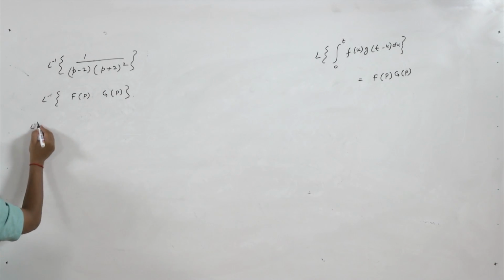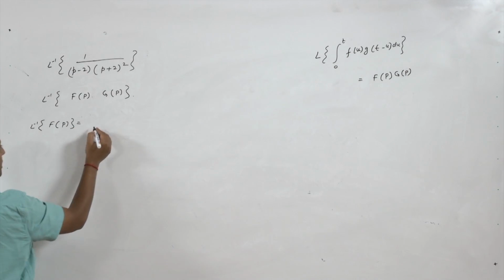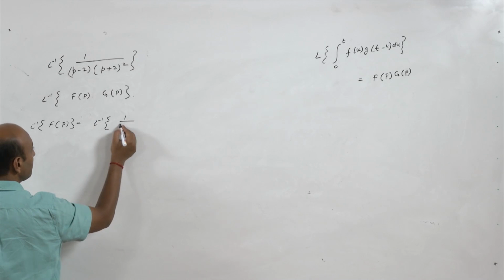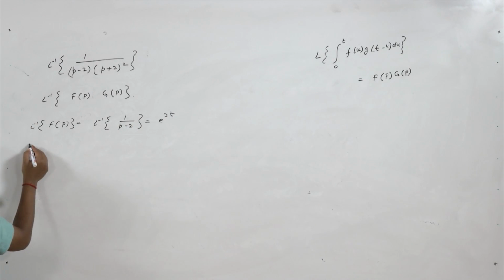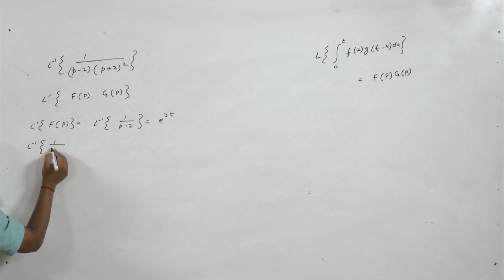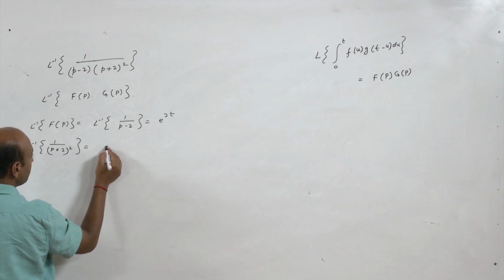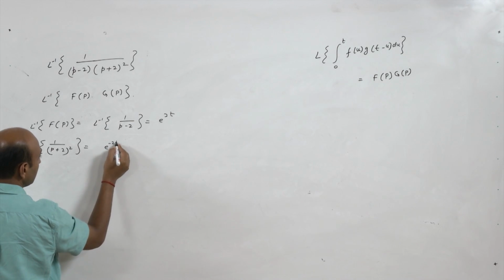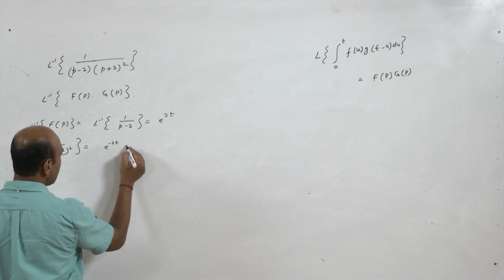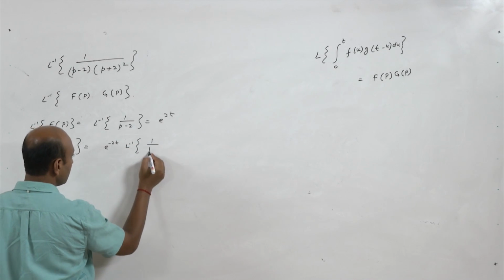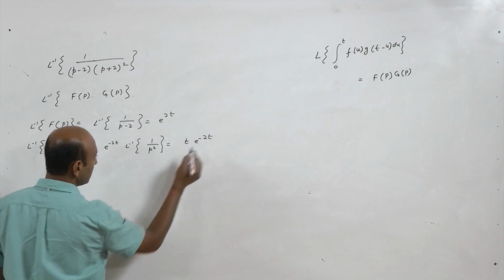The Laplace inverse of F(p) will be the Laplace inverse of 1 upon (p minus 2), which is nothing but e to the power 2t. And the Laplace inverse of 1 upon (p plus 2) whole square will apply the shifting property: e to the power minus 2t into the Laplace inverse of 1 by p square, which is nothing but t. So, it is t e to the power minus 2t.